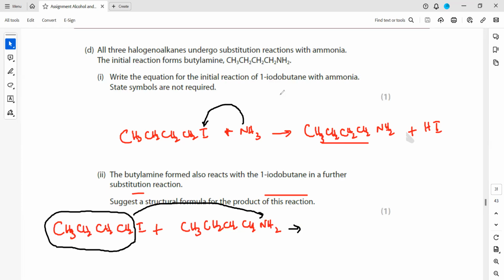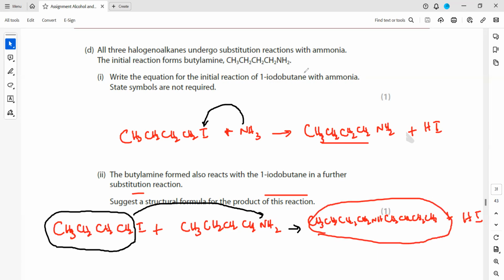The product will be CH3CH2CH2CH2NH CH2CH2CH2CH3, plus the removed hydrogen combined with iodine to produce hydrogen iodide. This is the structure, but we don't have to write an equation, we just have to draw the structure of this product.